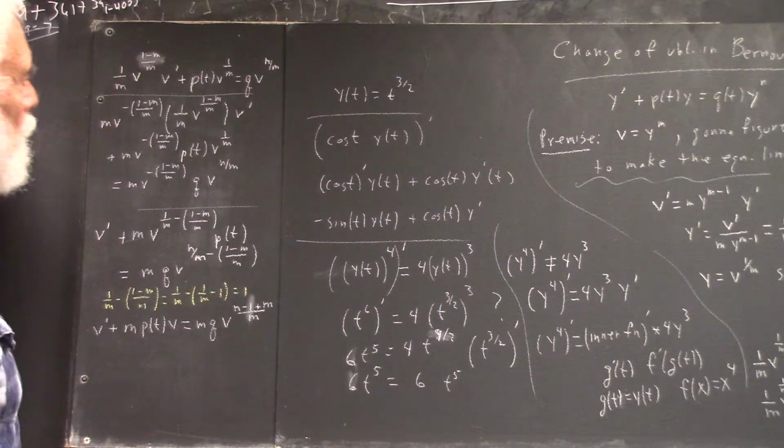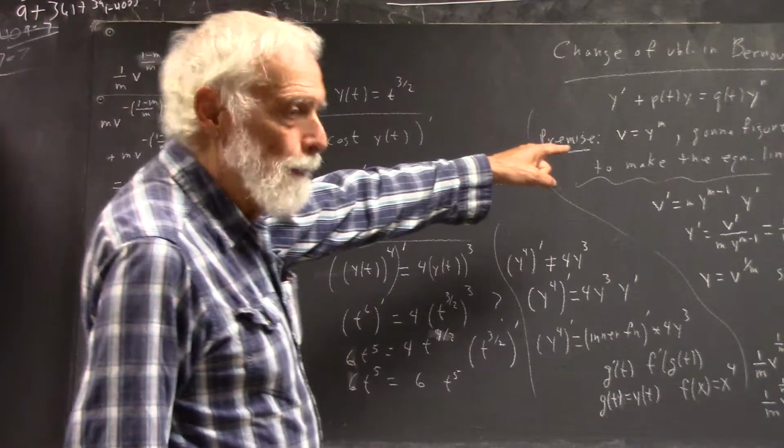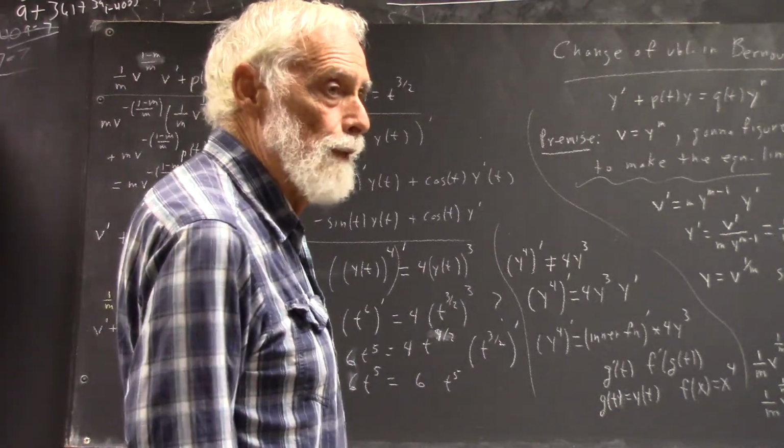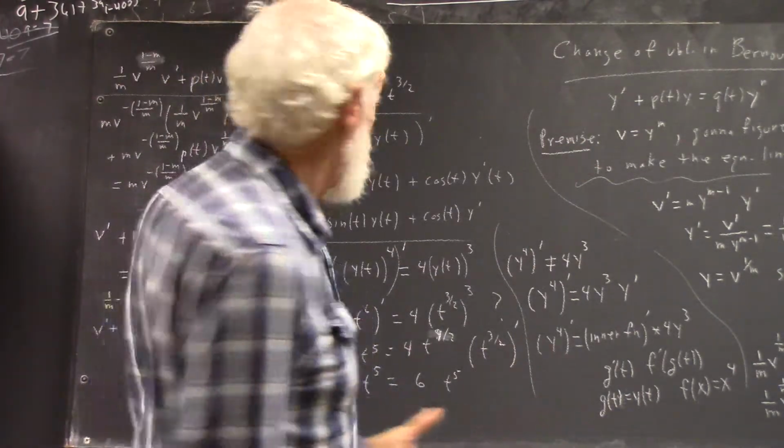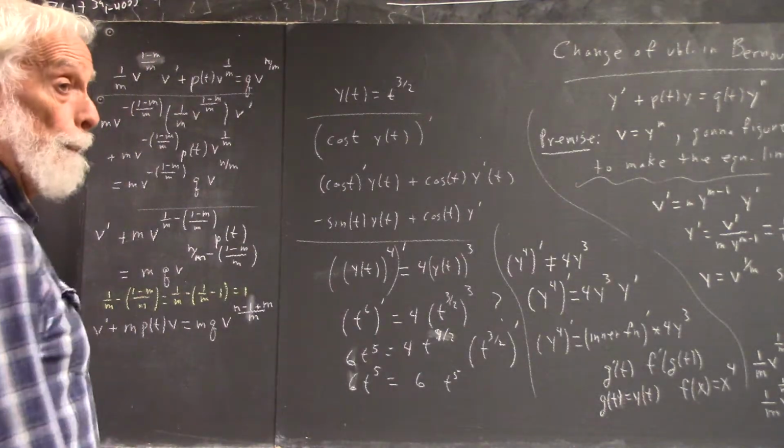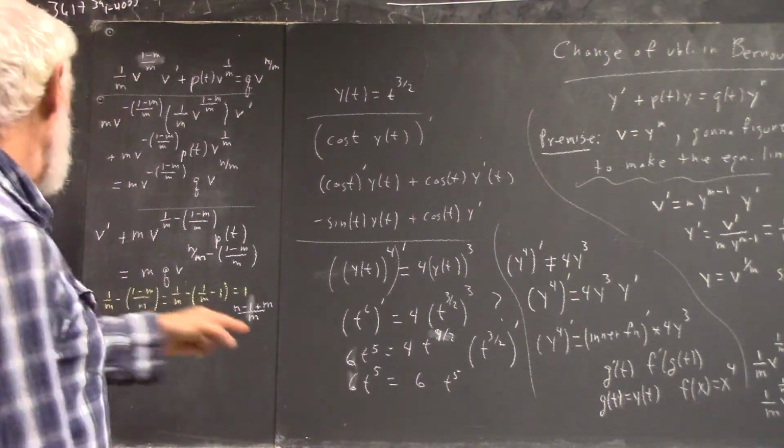Well, remember, my goal was to figure out what m has to do to make this linear. Well, if I want to make this linear, then what can't I have on this side?